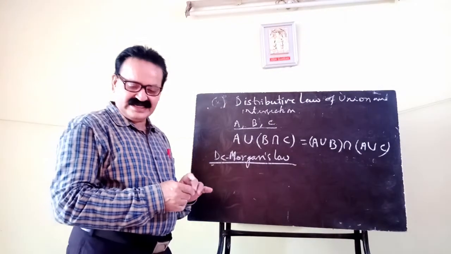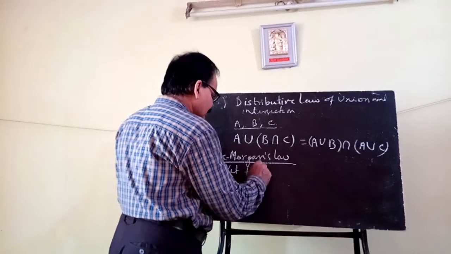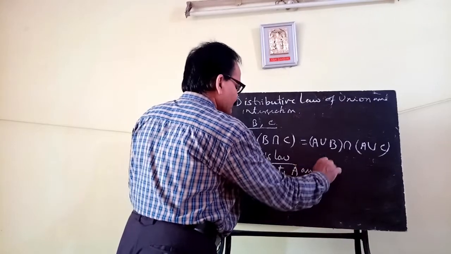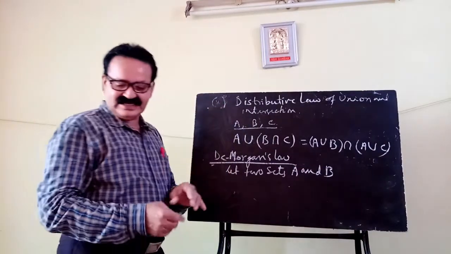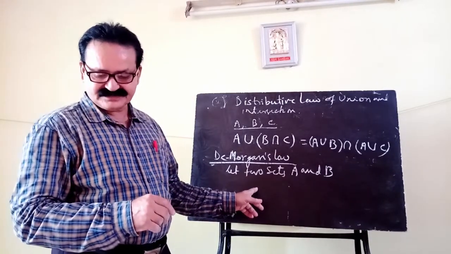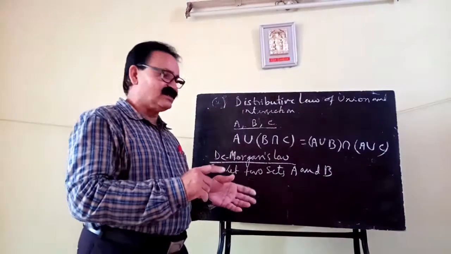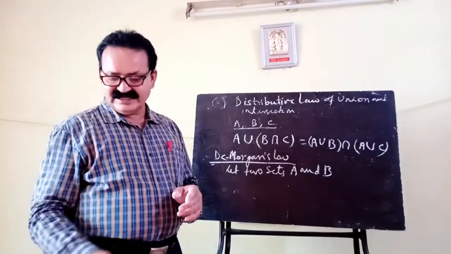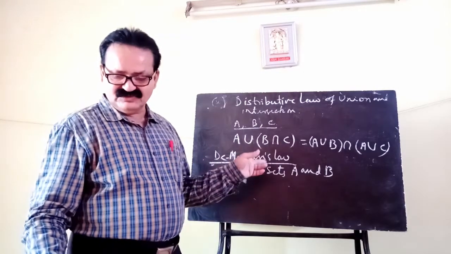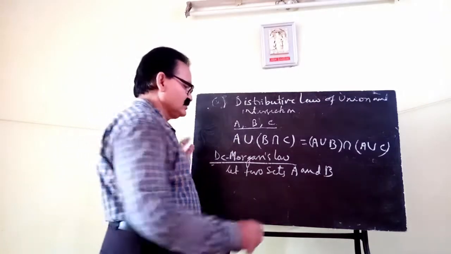Suppose there are two sets A and B. These two sets must be subsets of your universal set.